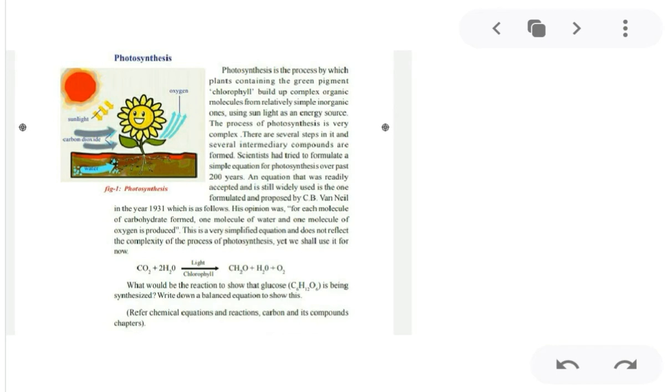So the balanced equation, if you see: 6CO2 plus 12H2O.